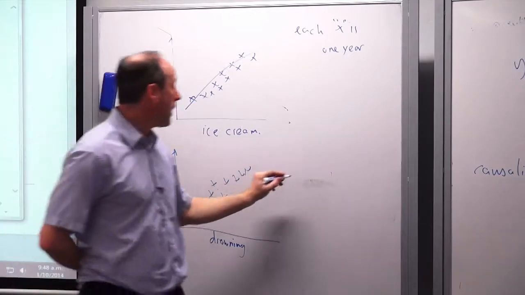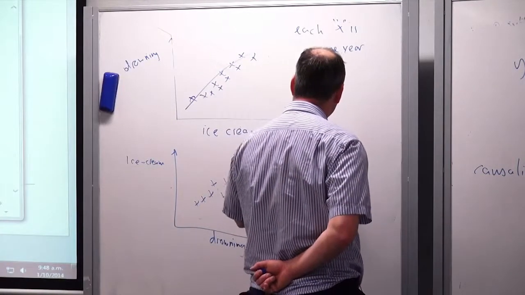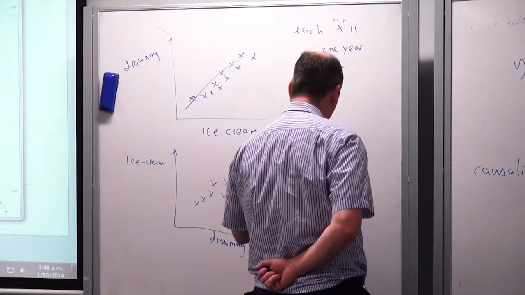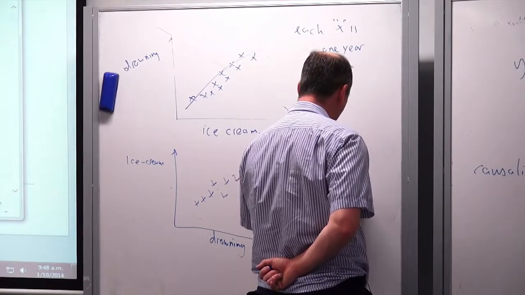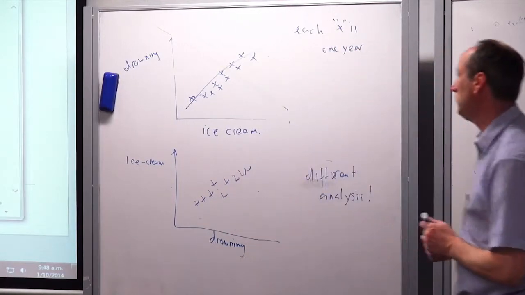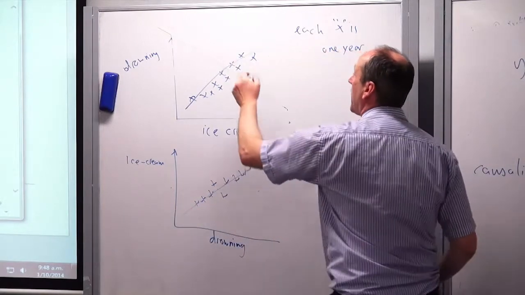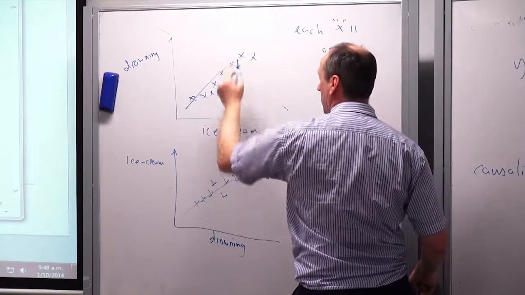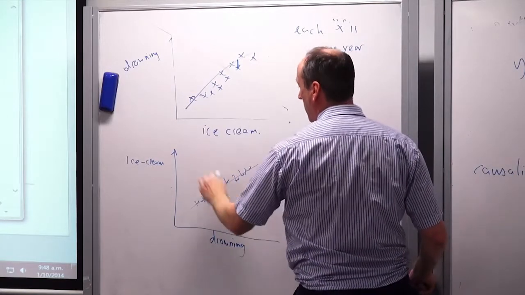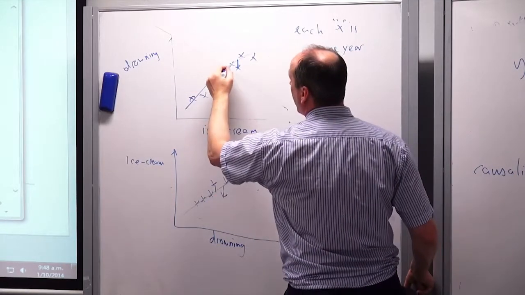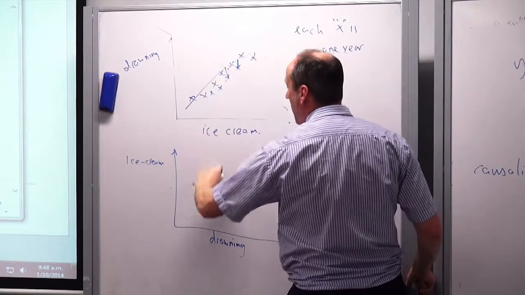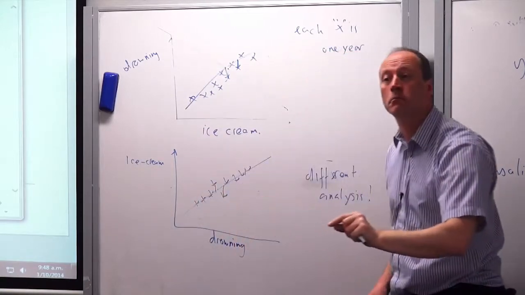It's a different line. It looks like it's going to be the same, but it isn't. The lines are different. Well, you can tell the errors are different because these errors go vertical. The errors always go vertical, but that corresponds to an error here is an error in drowning, and an error here is an error in ice cream.